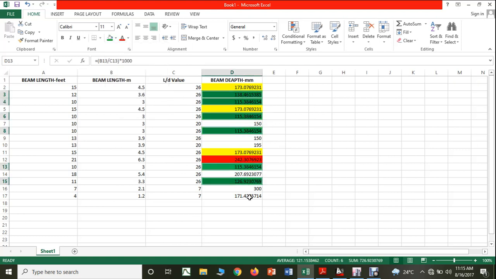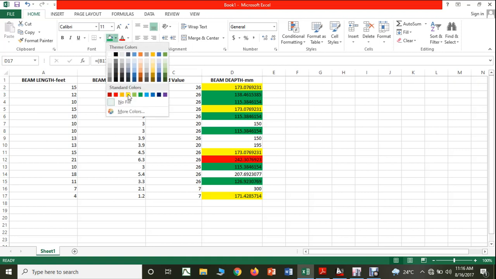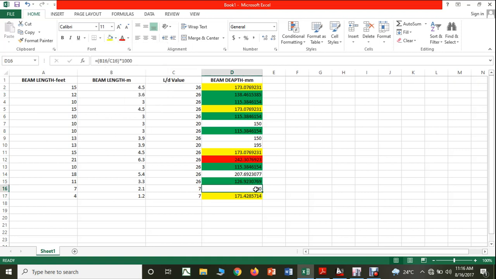Even this 171, it is a cantilever, these two. So you can see that one we have 300, one we have 171. So I can make this also a yellow color, whereas this 300 and this 150, 150, I can almost bring to yellow color only.